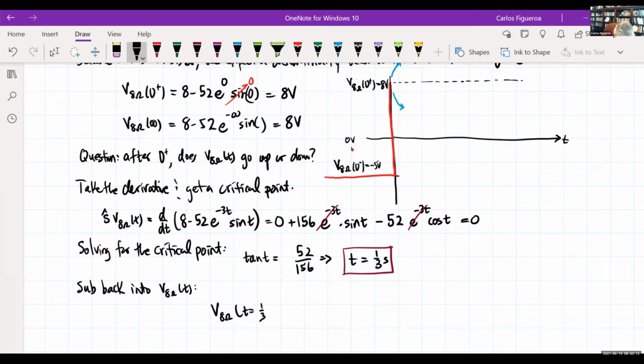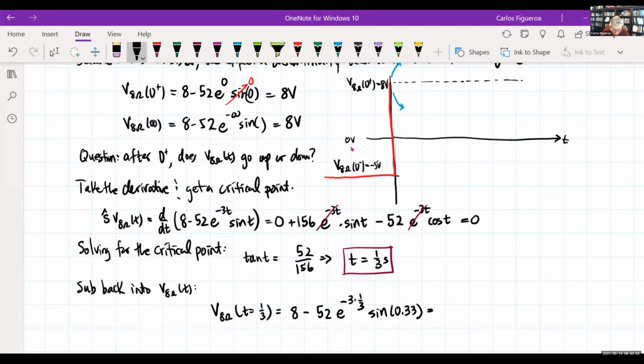At t equal to 1/3, I'm going to write this as 8 minus 52 times e to the minus 3t divided by 3, right? That's what my t times 1/3. Then I'm going to get the sine of 0.33.